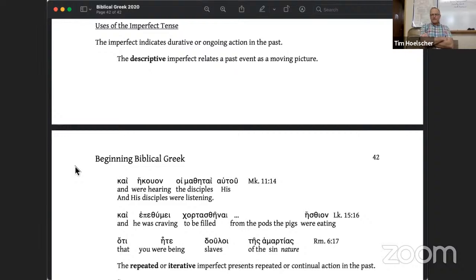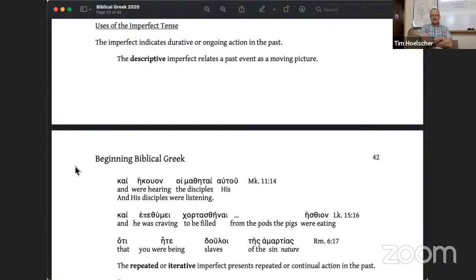This is out of Luke 15. The next one I have there is Luke 15:16, and this is out of the prodigal son. It says, and he was craving, we have the word lust or to crave. He was craving to be filled with, and I dropped some stuff off for the simplicity of this, from the pods, the pigs, and then we have another imperfect, were eating.